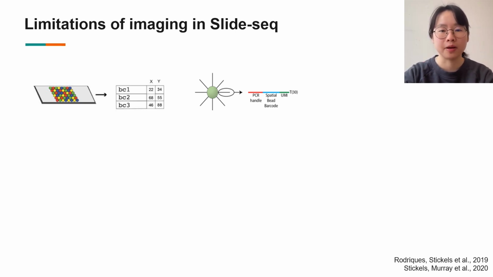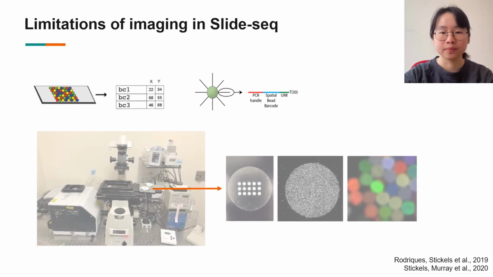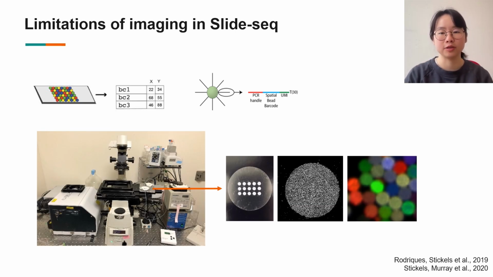These arrays are made of DNA-coded beads, where each bead has a unique spatial barcode. And to correlate the DNA barcodes on the beads to their physical locations, we set up an imaging system to perform in situ sequencing with the arrays. Then the bead barcode can be read out base by base in situ.